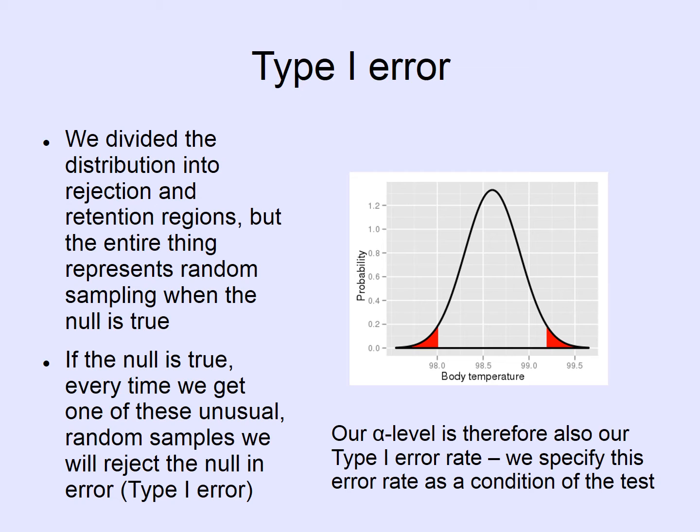And the red regions represent where we're going to set our alpha levels, and that represents 0.05 split between the two tails. And of course, it's our error rate. We're going to say that's a rate which we are accepting, that it's rare enough, but we know we could be wrong.